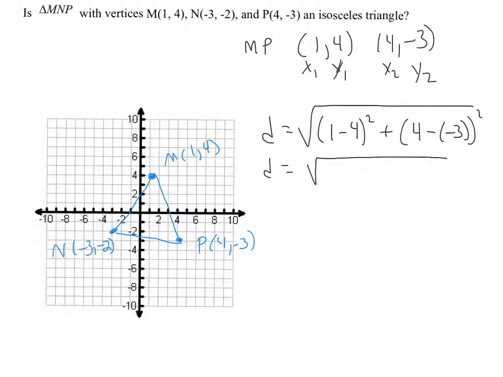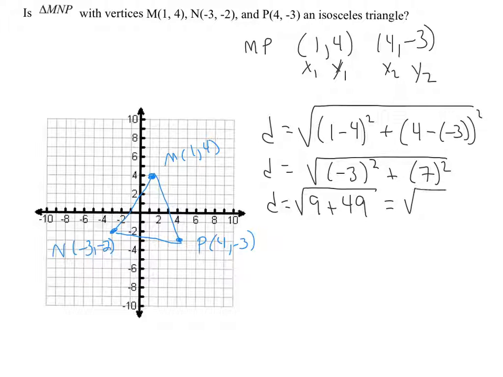So this is negative 3 squared, and this becomes 4 plus 3, which is 7 squared. So this is the square root of 9 plus 49, which is the square root of 58. So this side length MP is the square root of 58.